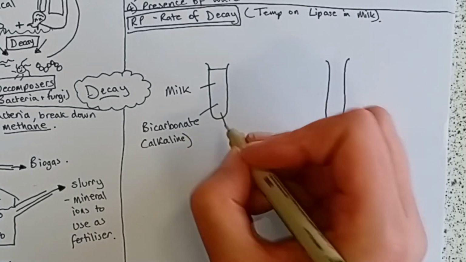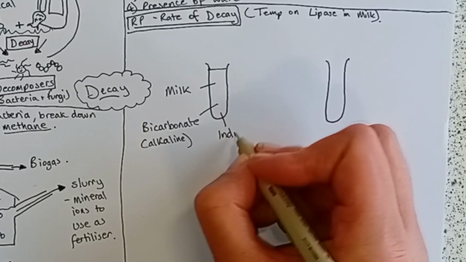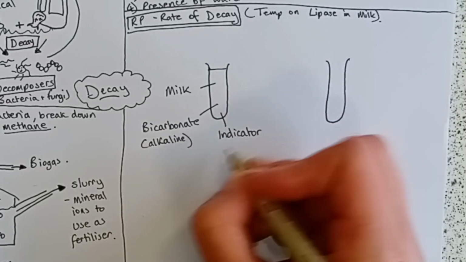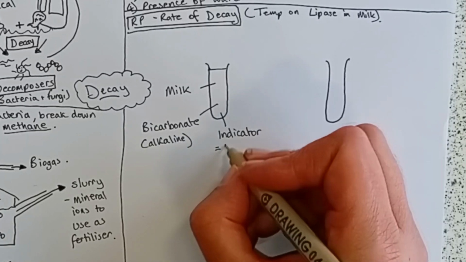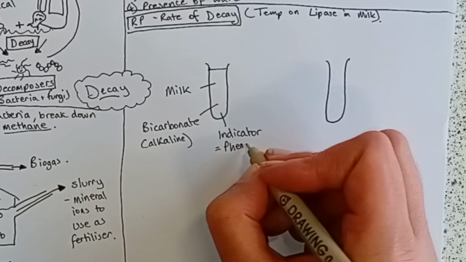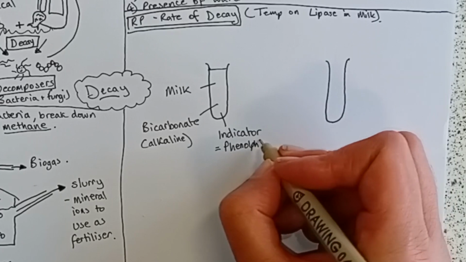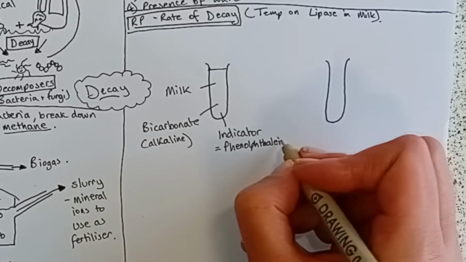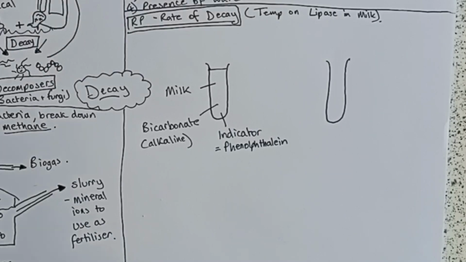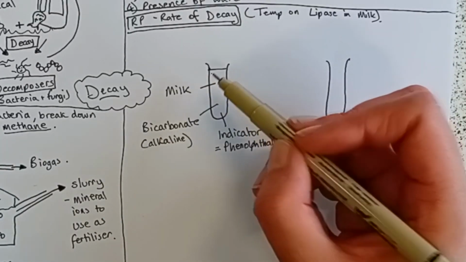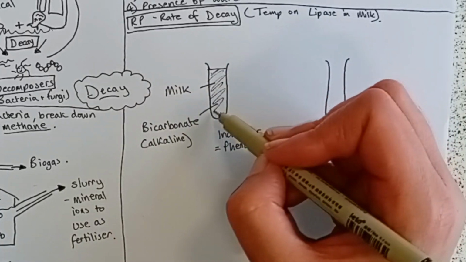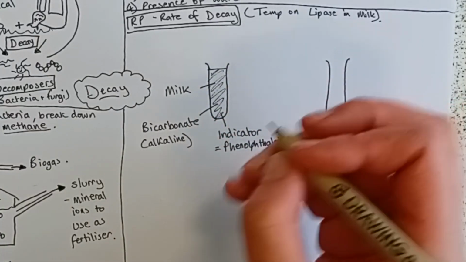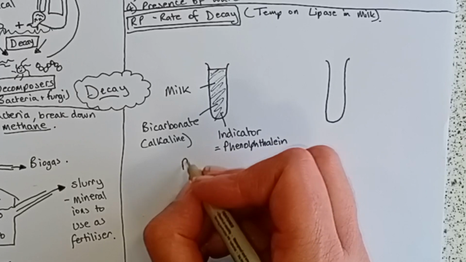And we add an indicator, which is phenolphthalein. And phenolphthalein, when the bicarbonate ions are present in milk, should be pink. So this should be pink, which means it's alkali.